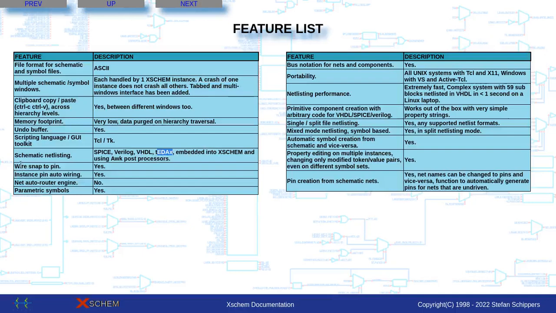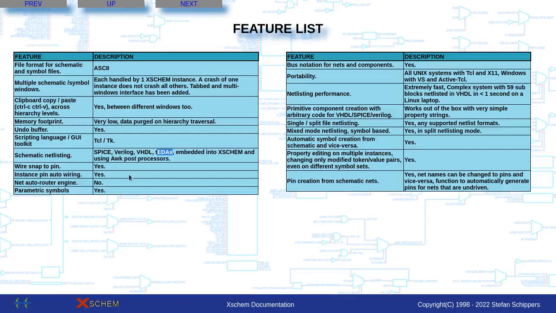And there are many other functions like snap a wire to a pin, instance pin auto wiring, so we can automatically add nets to a symbol, attaching the labels to the symbol pins automatically. We have no auto router engine, so we are not auto routing wires because it's too complex, and usually the designer wants the circuit to look in a certain way. We don't need auto wiring.